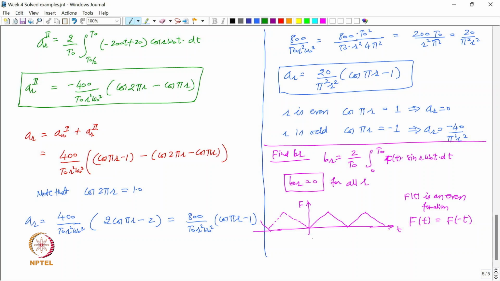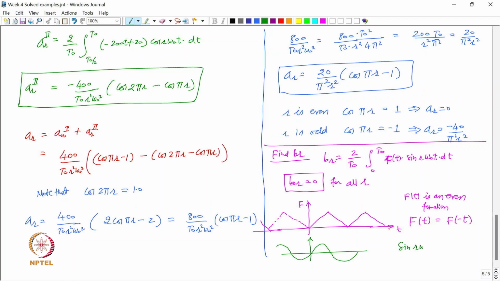And if you look at the sine function, any sine function like this, the sine function is not an even function, it is an odd function.